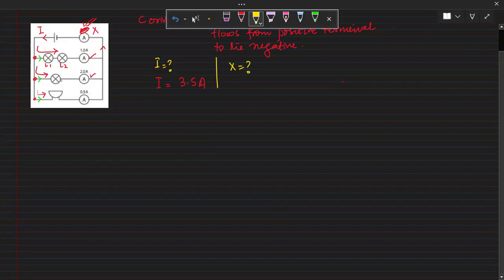As I have just told you, all these currents will be added. When they leave the branch, they again get added.